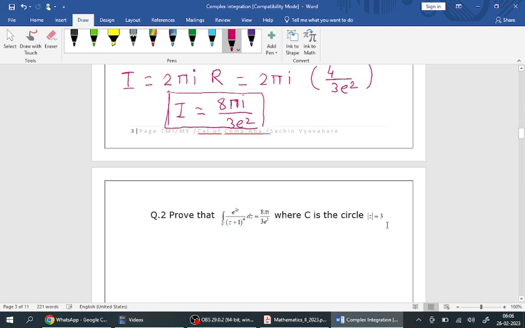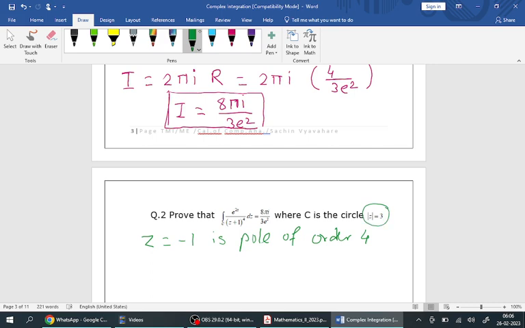Now we already observed that z equal to minus 1 is a pole of order 4, and that pole is in the circle of radius 2, so obviously it should be in the circle of radius 3 also.